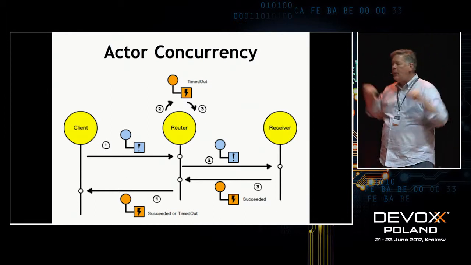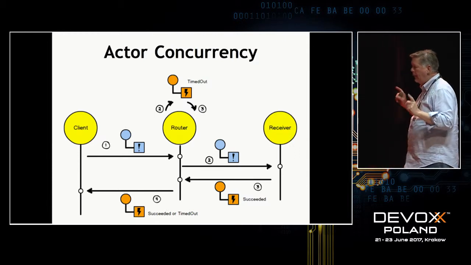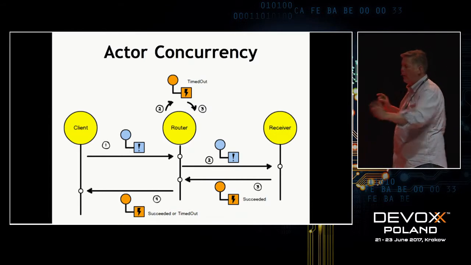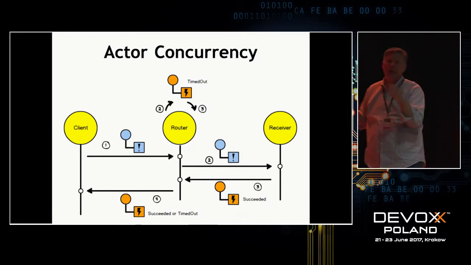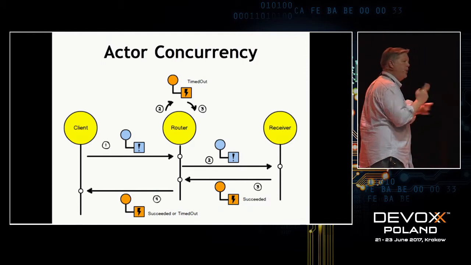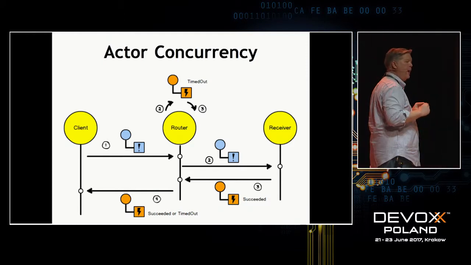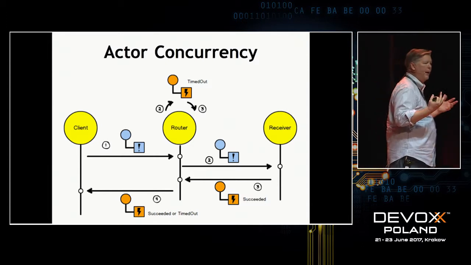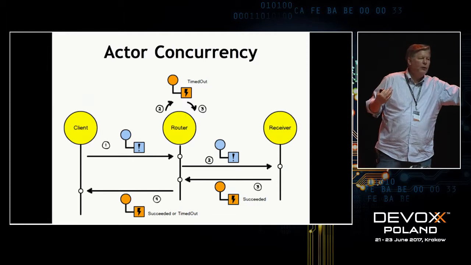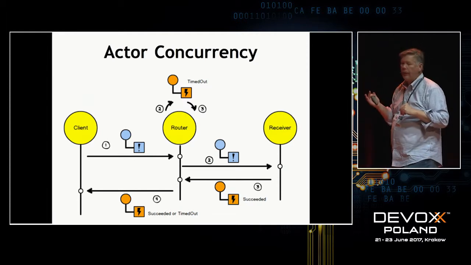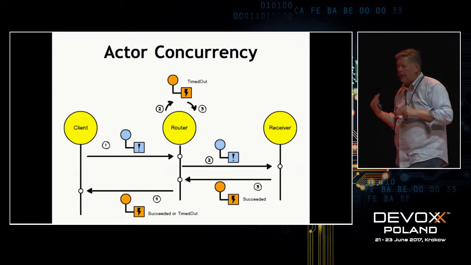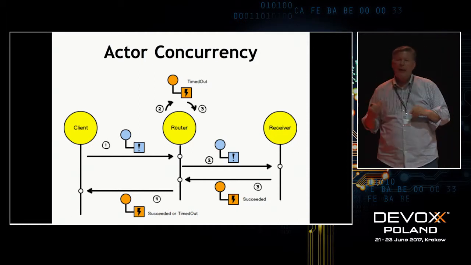And I don't mean a dangerous race condition, I mean an optimal race condition that says, will the timer time out, and will I get a message that tells me that the timer timed out before the receiver of the message provides a reply, a successful reply to me? If I get the timeout message first, it means that we're going to tell the client that we failed or timed out. If we get the receiver's reply first, we're going to tell the client that it succeeded.